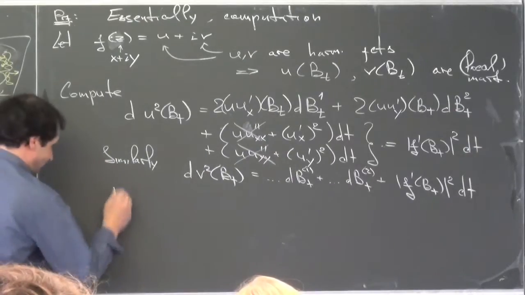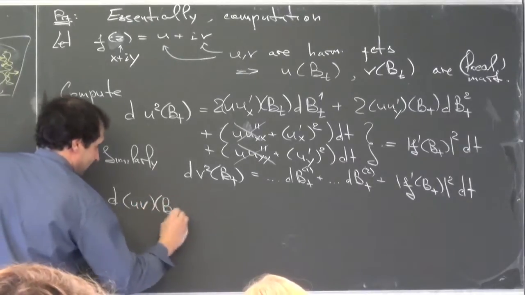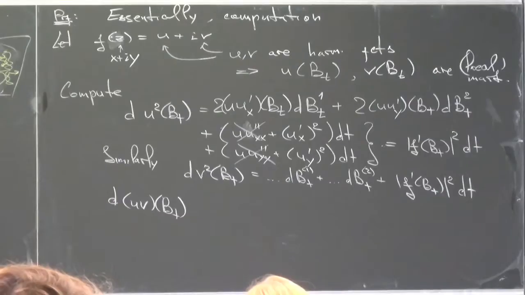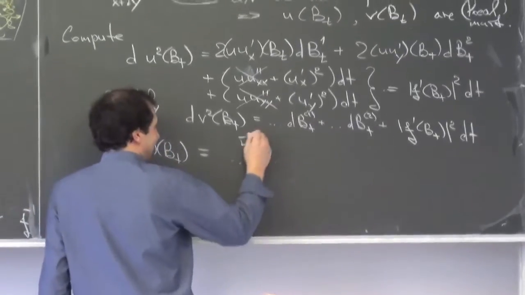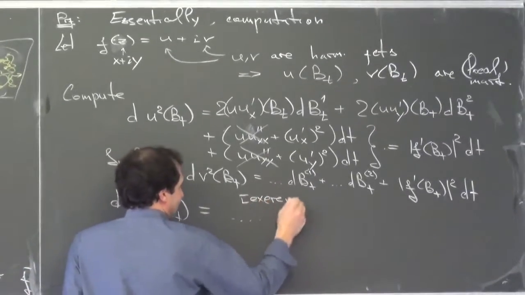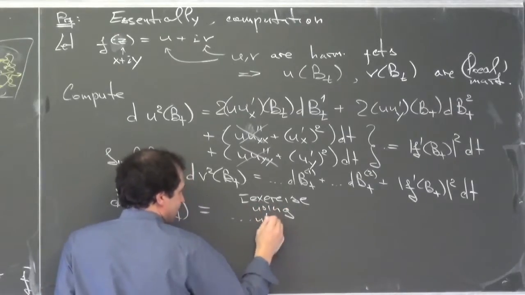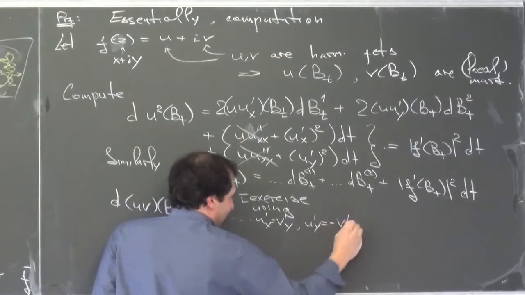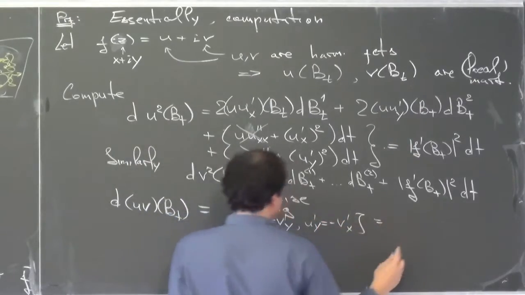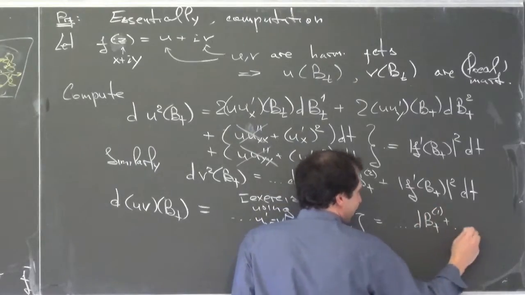And finally, if you compute the product of the two, just an exercise, using the Cauchy-Riemann equations, there is no drift term at all.